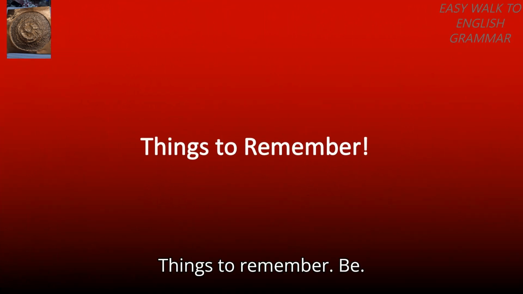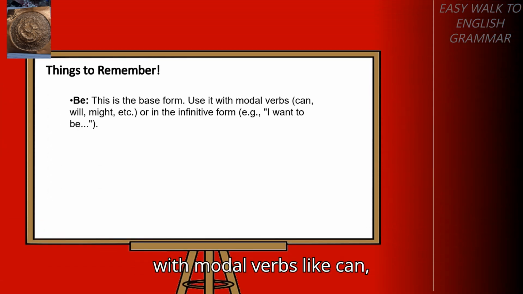Things to remember. Be. This is the base form. Use it with modal verbs like can, will, might, etc., or in the infinitive form. Example, I want to be. Been. This is the past participle form.